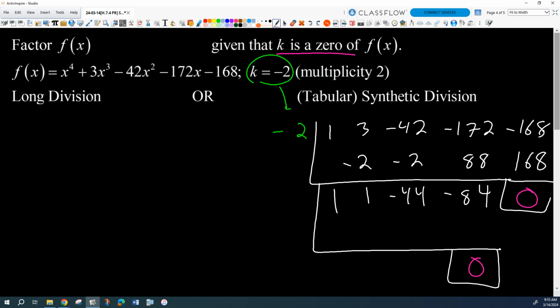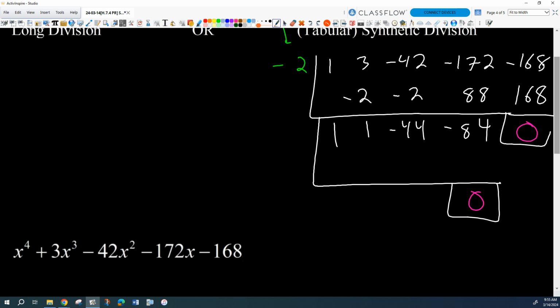If the multiplicity is 2 of this factor, that means that I need to be able to divide my polynomial by x plus 2 twice, right? And it should work both times. So I divided once and I got this reduced polynomial, but I know I've got to be able to do the same thing again because the multiplicity is 2.